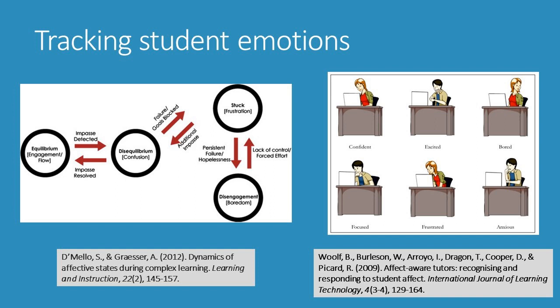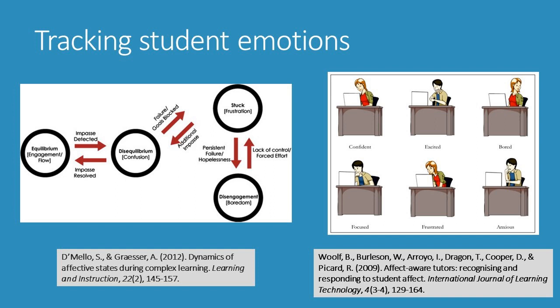So let me now shift from cognition, which most of that was, to emotions. There's also a large body of work in AIED that looks at assessing learner emotions. Learning is very impacted by emotional state. On the left there is work by Sidney D'Mello and Art Graesser.